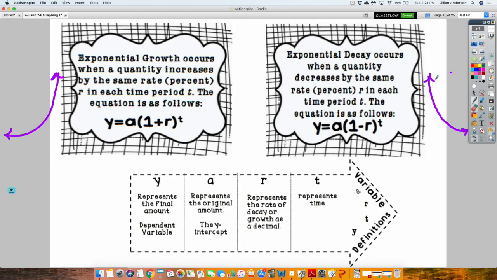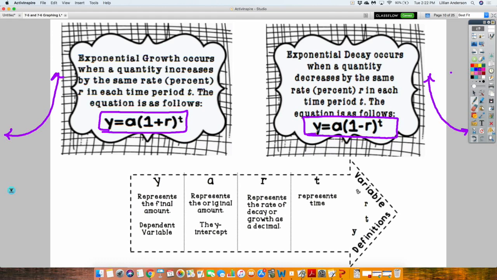All right, and these right here are the two formulas that we're going to use to represent these exponential growth and exponential decay word problems as we write them, okay? You are going to end up having to write a majority of these equations, and so this is the format in which you write it, where y represents the final amount.